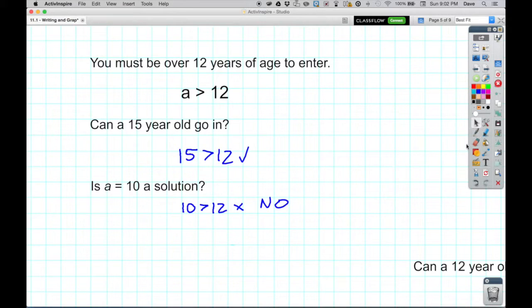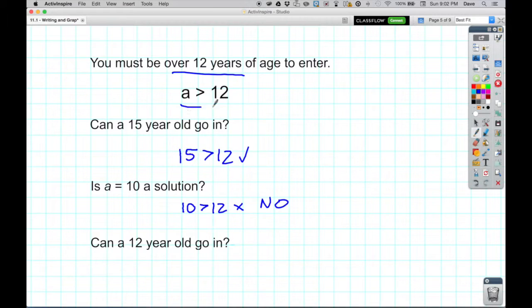Now, here's where we have to be careful. What about this question? Can a 12-year-old go in? Well, here we have to be very careful about the wording and the inequality itself. It said you must be over 12 years of age to enter. So if I plug in this 12 for A, I get this statement, 12 greater than 12. Well, is that a true statement?